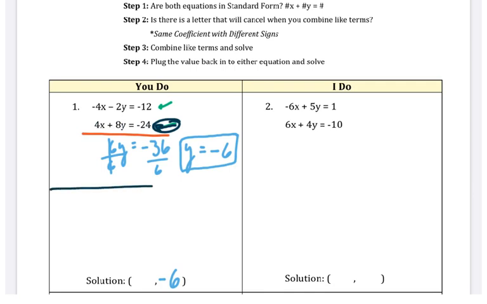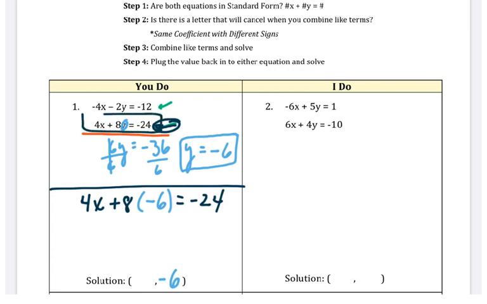I already solved for y. To solve for x, I pick the equation 4x plus 8y equals negative 24. But instead of y, I know that the y value is negative 6, so I plugged that in.